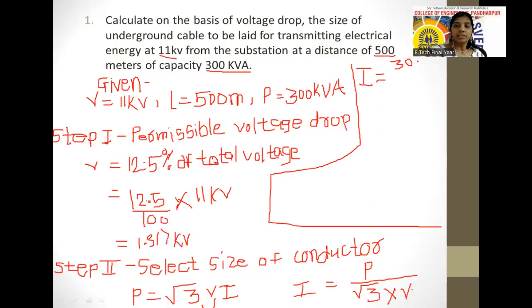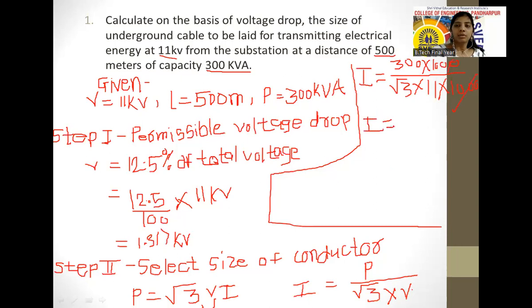300 kVA. 300 into 1000 divided by root 3 into voltage. So how much is the voltage? 11 kV. 11 into 1000 we will write here. This 1000 will cancel each other.